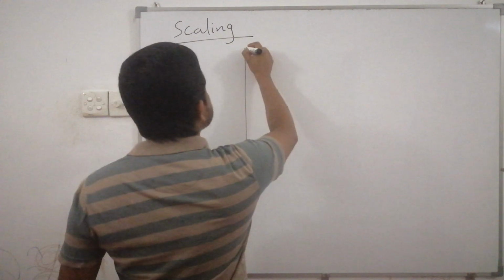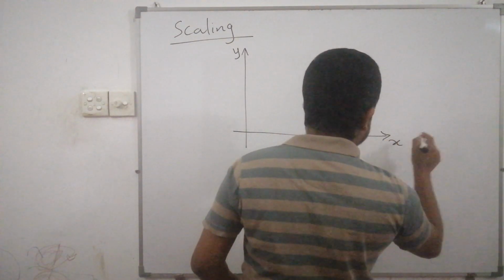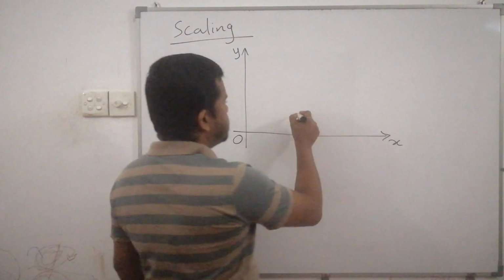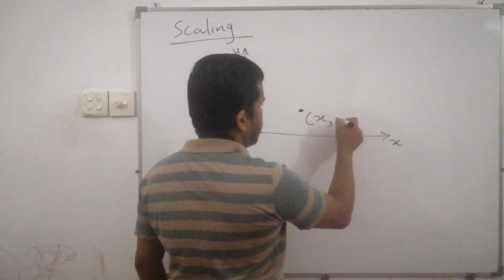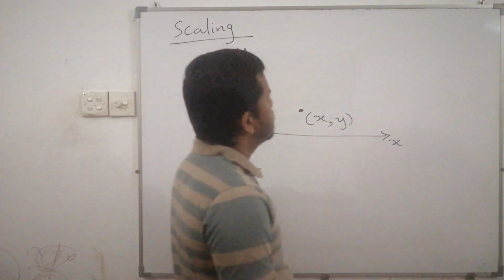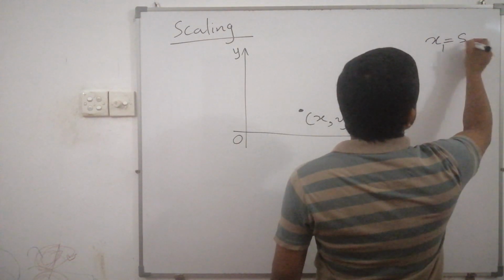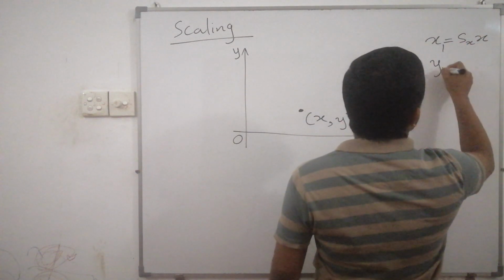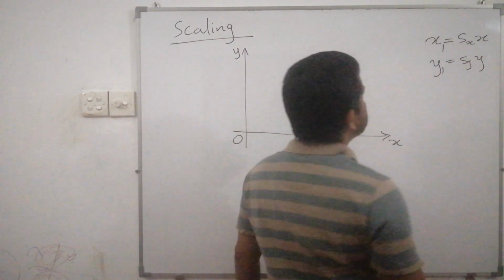This is the y-axis and this is the x-axis. Here we have the origin. Let's consider a point with coordinates x, y. Then we get x1 equals sx into x, y1 equals sy into y.